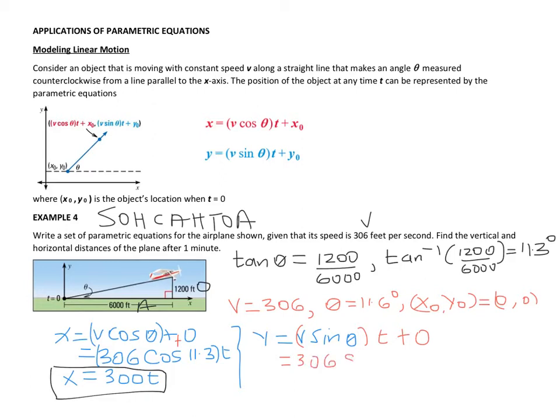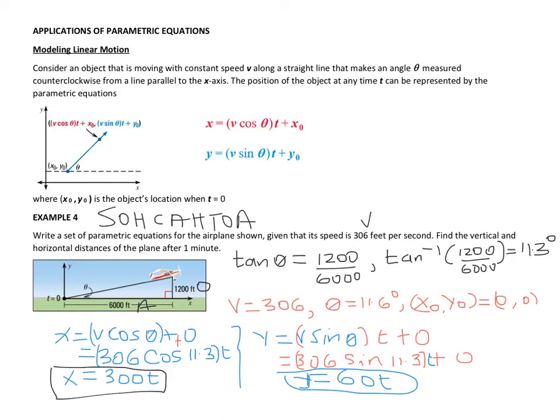So this becomes 306 sine of 11.3 plus 0. Remember, they are to multiply by t, and this is going to give me 60t. Y is equal to 60t. So there is the second parametric equation.